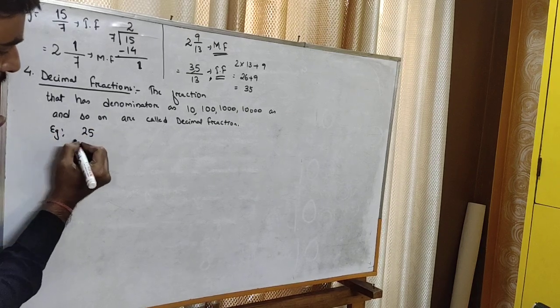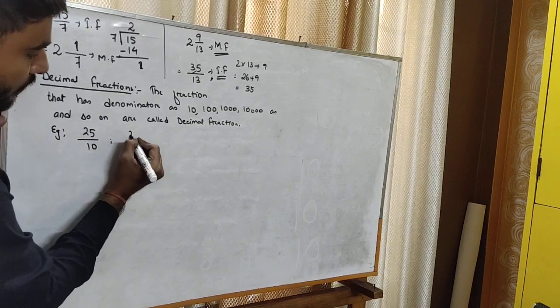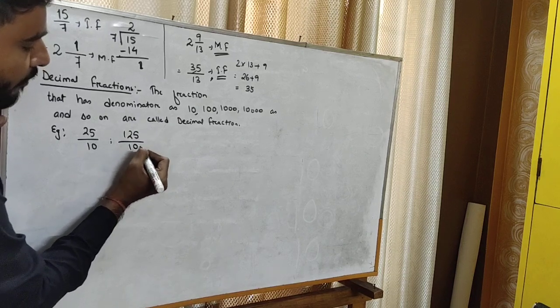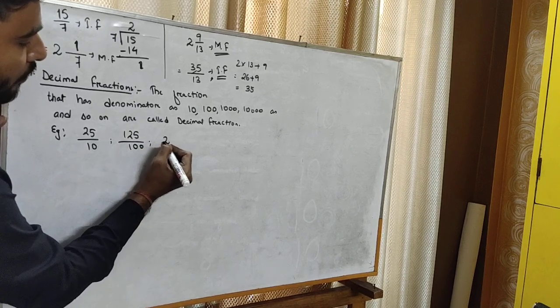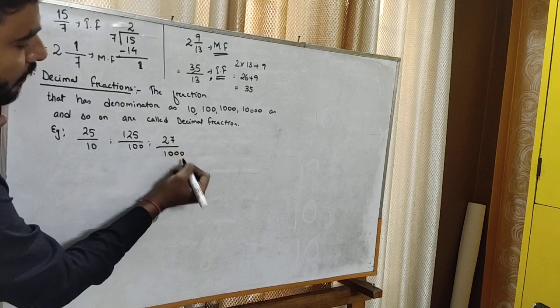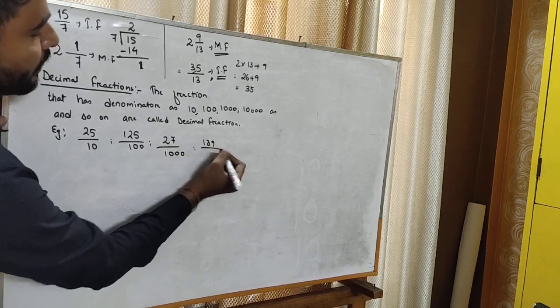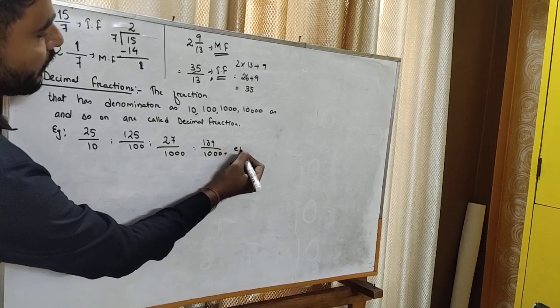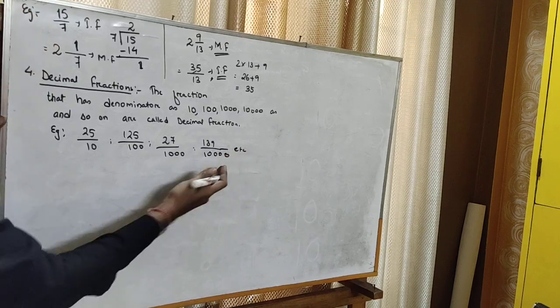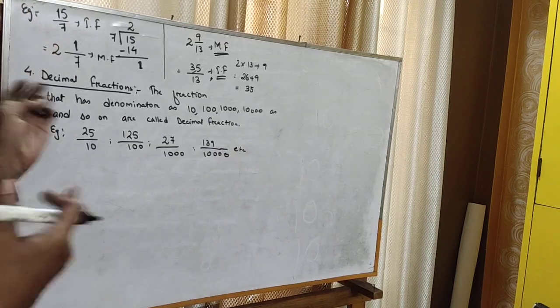Example: 25 by 10, 125 by 100, 27 by 1000, 139 by 10,000, etc. It can be 10,000, it can be 1 lakh, it can be 10 lakhs and so on.